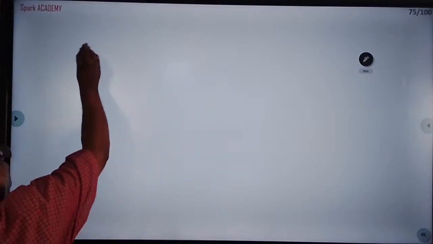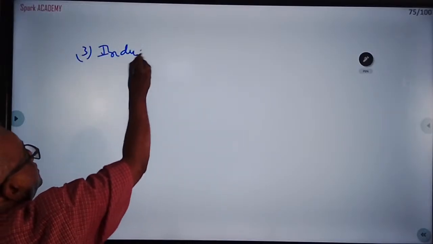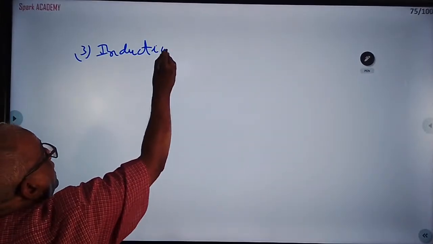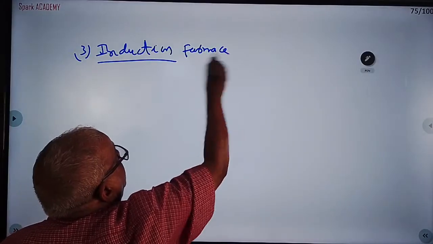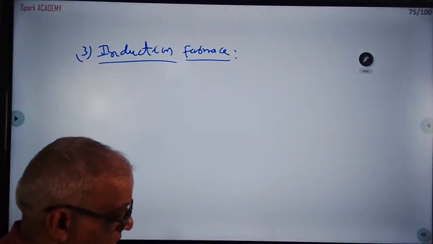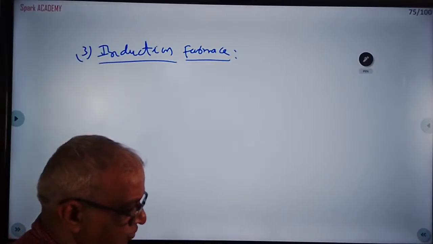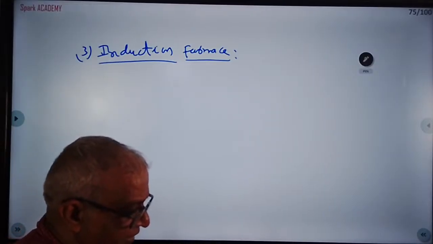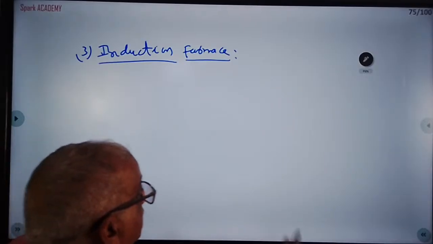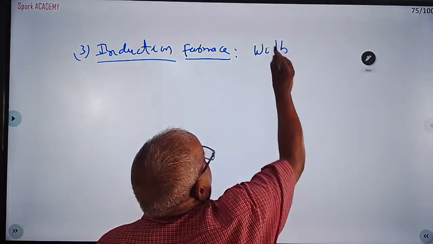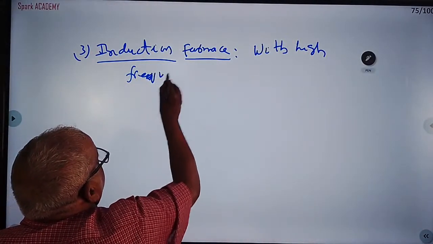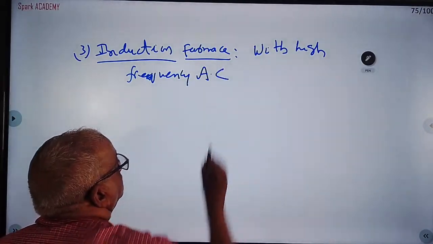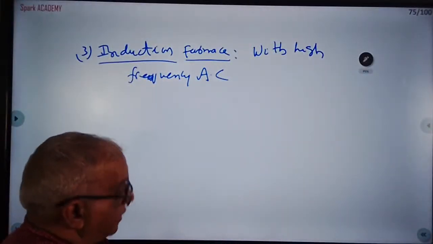Next page, induction furnace. If you at least write side headings, you will get 2 marks first. If you explain induction furnace, you get 4 marks because it is a 4-mark question. The reason is induced currents only. Induction furnace: high frequency alternating current is passed through a coil.